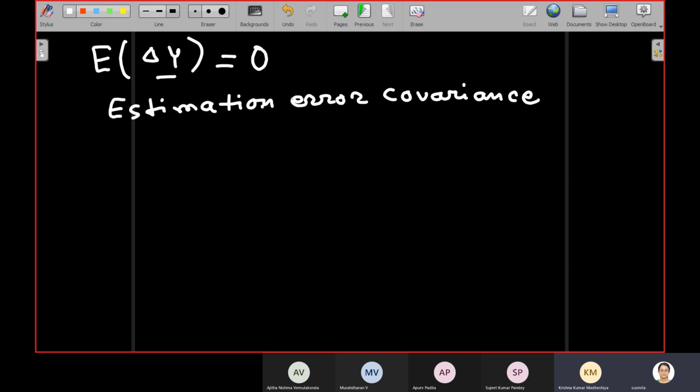Because we can only predict it in a statistical sense. We have no information about truth. We do not know truth. If we had known the truth, we would not have taken so much pain to do the estimation.